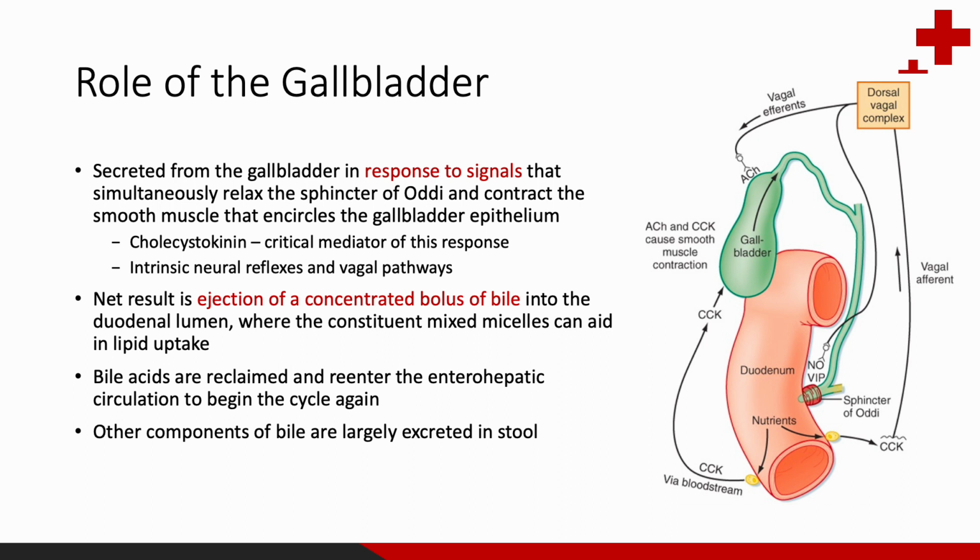The net result is ejection of a concentrated bolus of bile into the duodenal lumen, where the constituent mixed micelles can aid in lipid uptake. When no longer needed, the bile acids are reclaimed and re-enter the enterohepatic circulation to begin the cycle again. Other components of bile are largely lost in the stool, thus providing for their excretion from the body.